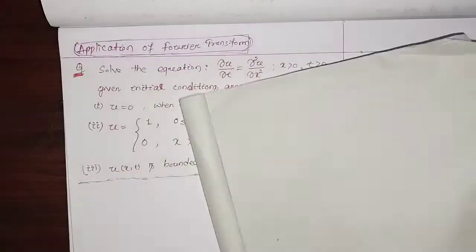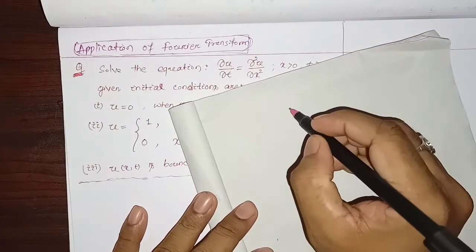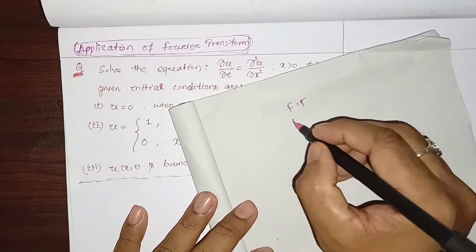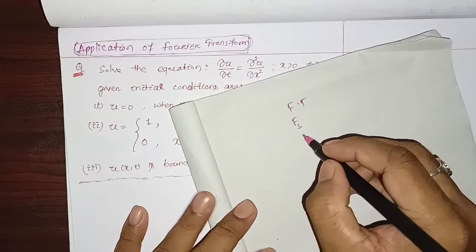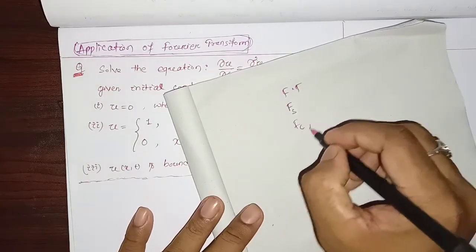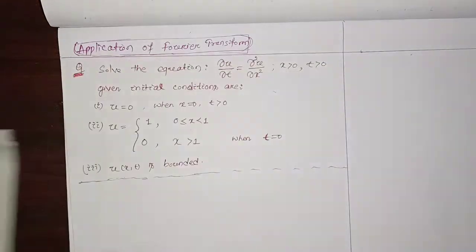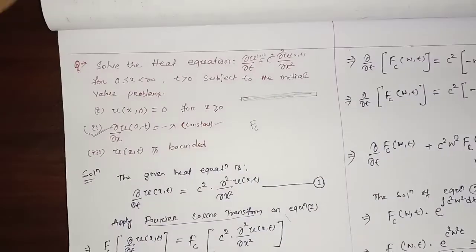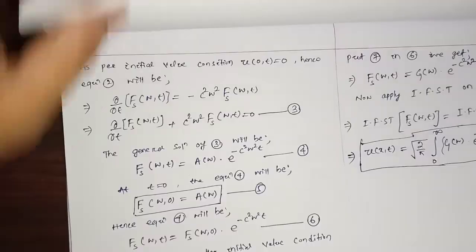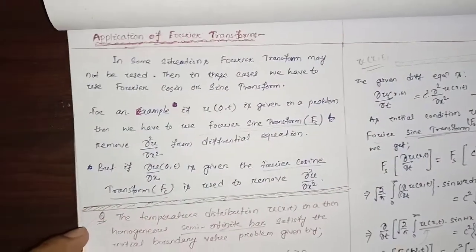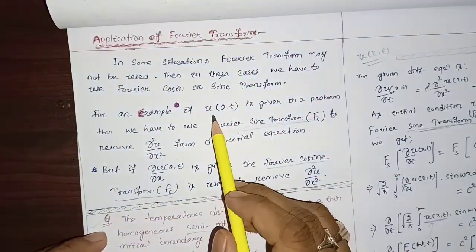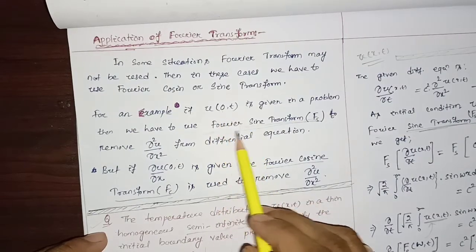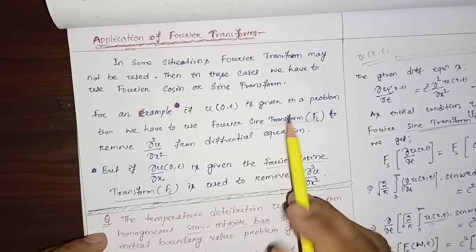Previously we saw that a few questions required Fourier transform only, a few required Fourier sine transform, and a few required Fourier cosine transform. In our previous classes we discussed that if the initial value condition u(0,t) is given, then Fourier sine transform is applied.